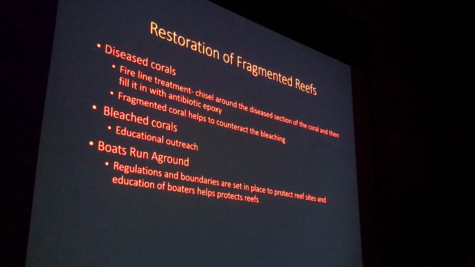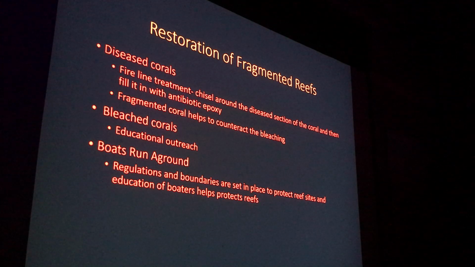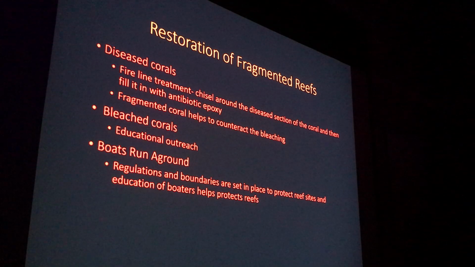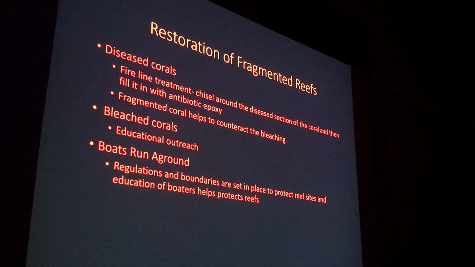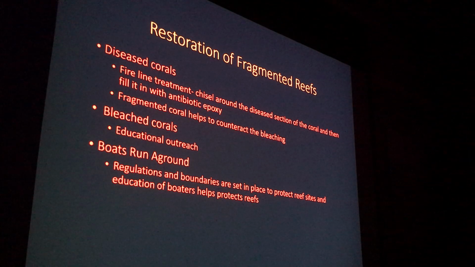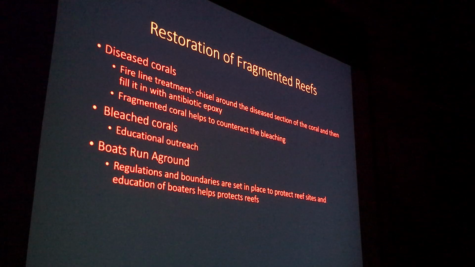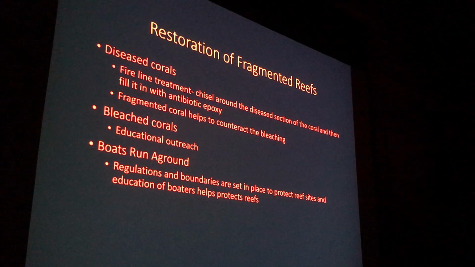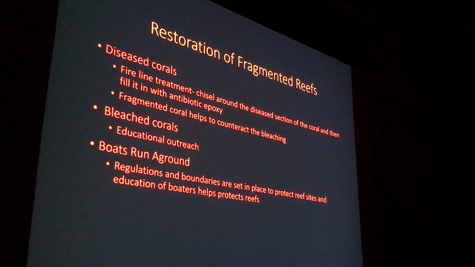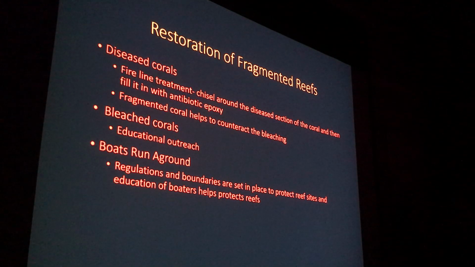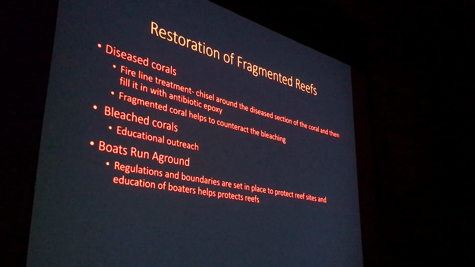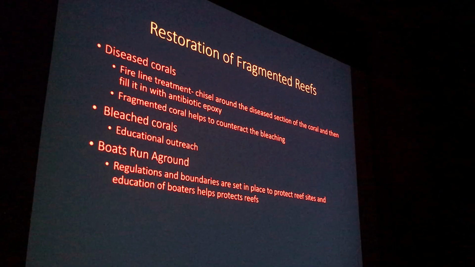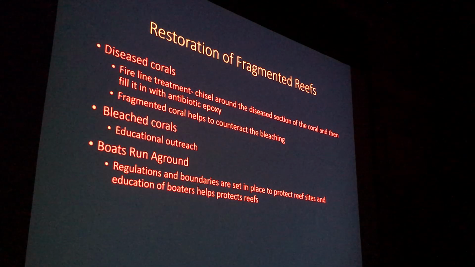So, the restoration of fragmented reefs. It is all bad news, but what can we do to fix it? With the diseased corals, they do this really cool thing called a fireline treatment, where they chisel around the dead or diseased sections of the coral and then fill it in with an antibiotic epoxy to stop the disease from spreading.